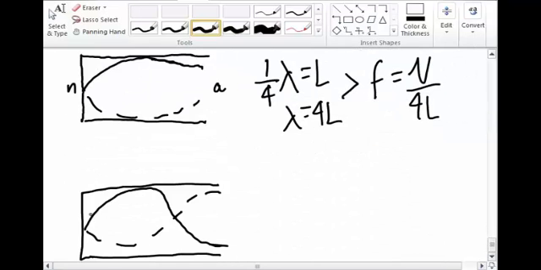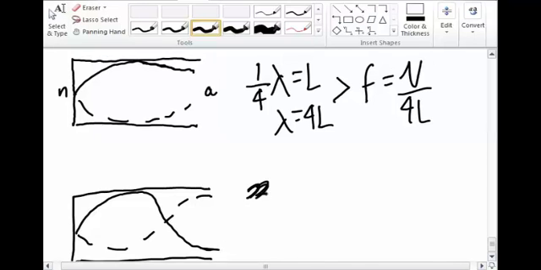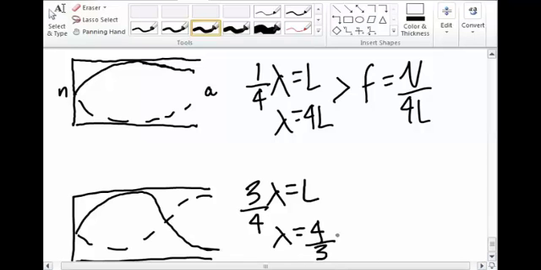So now we have 1/4, 2/4, 3/4. Yeah. So we have 3/4 of the wavelength is equal to L. Which would then make my frequency equation look something like this.